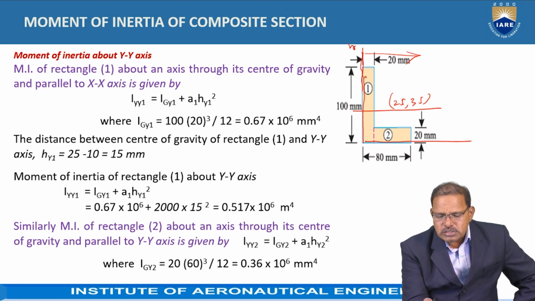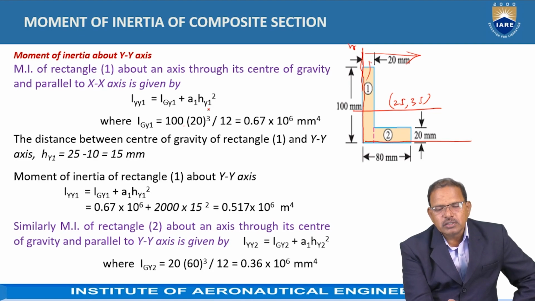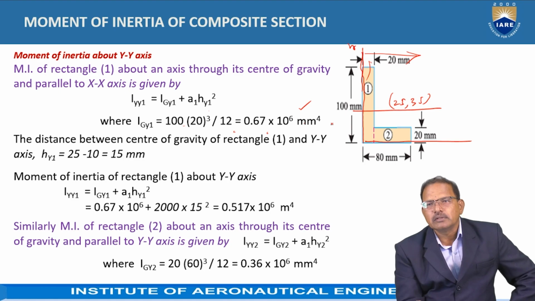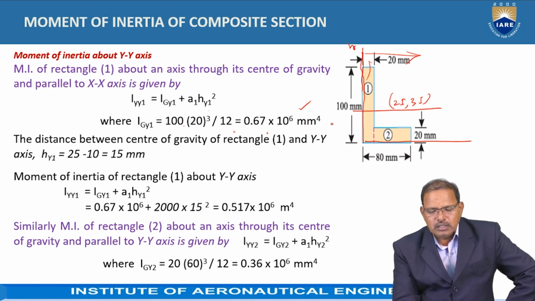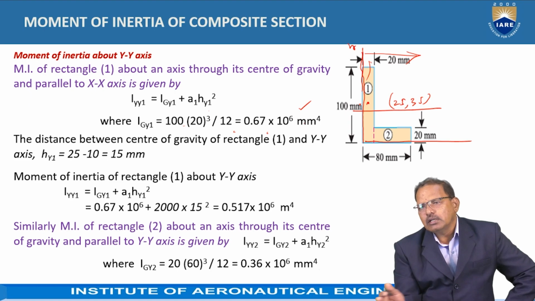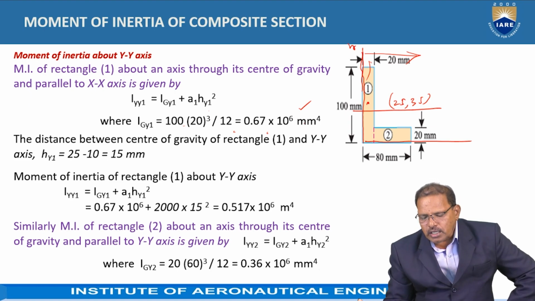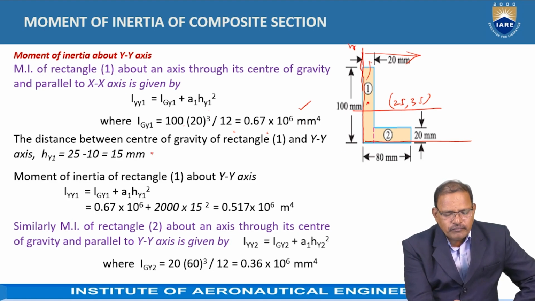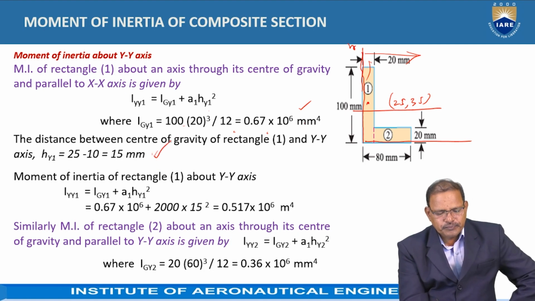Since it is dividing 20 into 2 parts, this is equal to 100 into 20 cubed divided by 12, equal to 0.67 into 10 to the power of 6 mm to the power of 4. The distance between the centroid of the first element and the centroid of the whole section, moving toward the right-hand side, is equal to 25 minus 10, which is 15 mm.